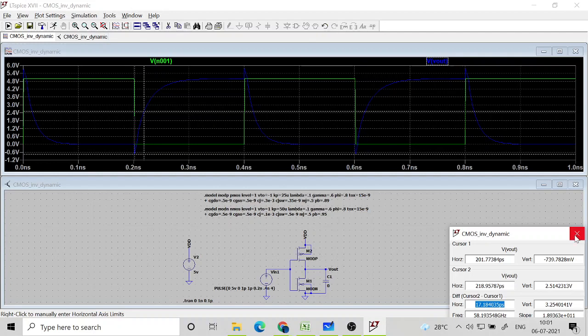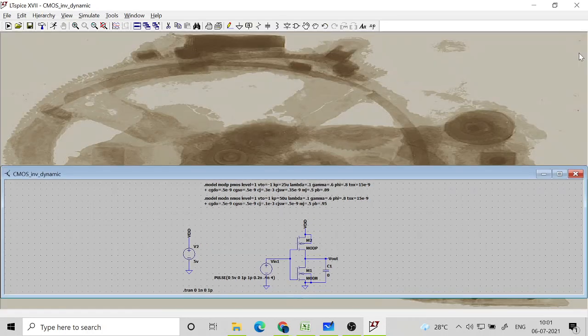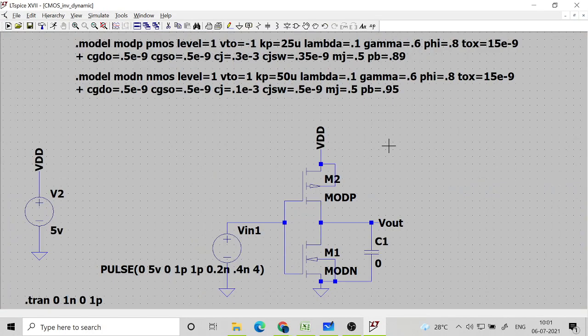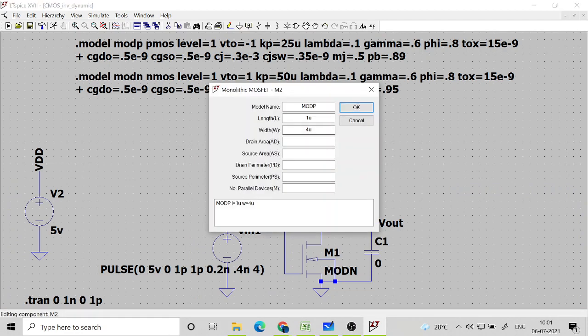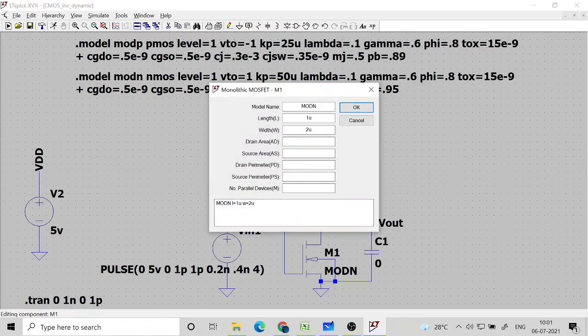Now if you think that's true, but I want it to be say less than 10, can we design in such a way that both will be the same as well as less than 10? Then we can try making this 8 for PMOS, and then this one will be 4.